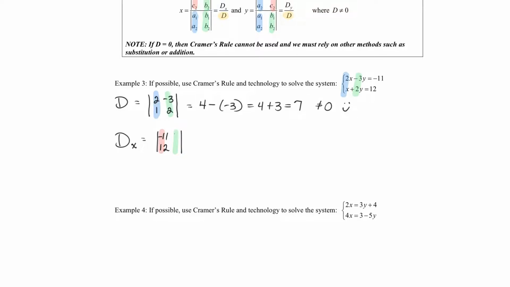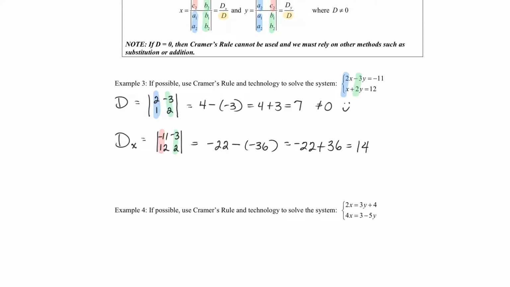And I leave the y alone, so negative 3 and 2. And so I'm going to multiply this way and get negative 22. Minus, always minus, negative 3 times 12 is negative 36. And so that's negative 22 plus 36, which is 14.